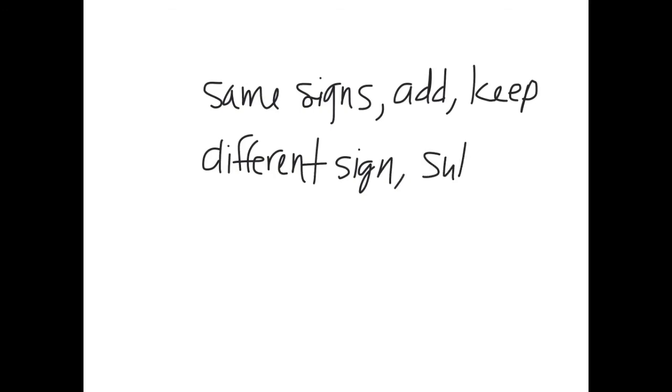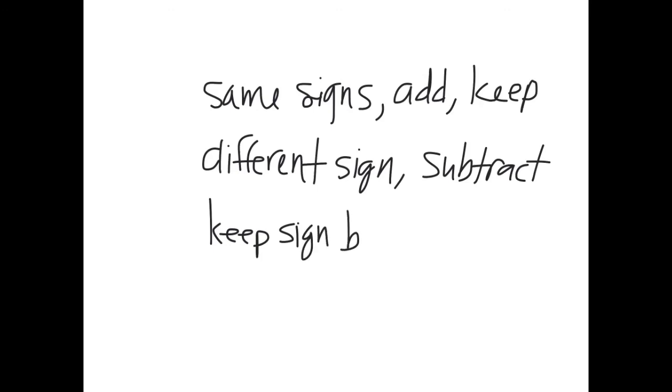Different signs, if the signs are different, we subtract. So different signs, subtract. Keep the sign of the bigger number, then you'll be exact. So keep the sign of the bigger number.